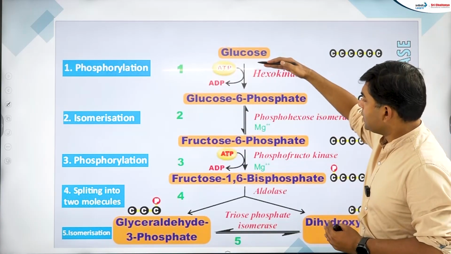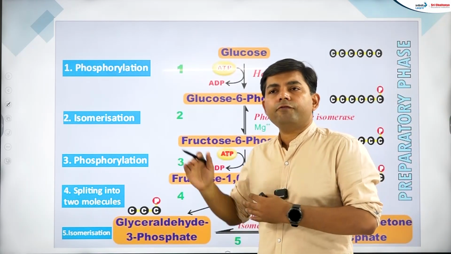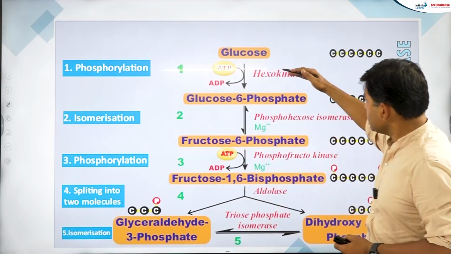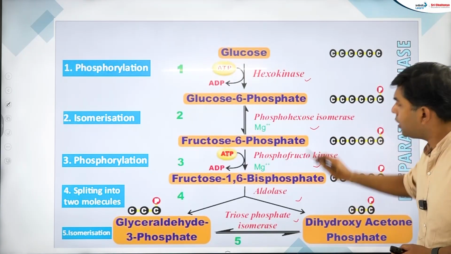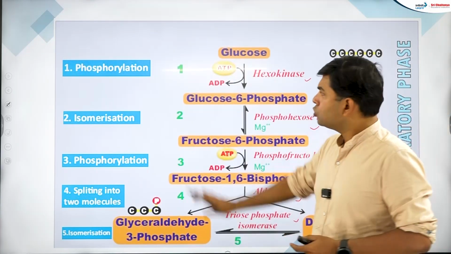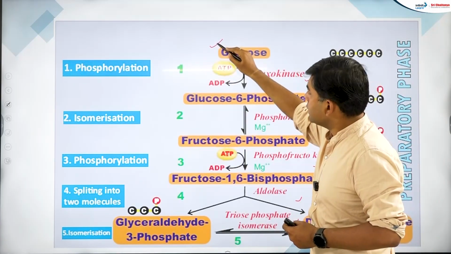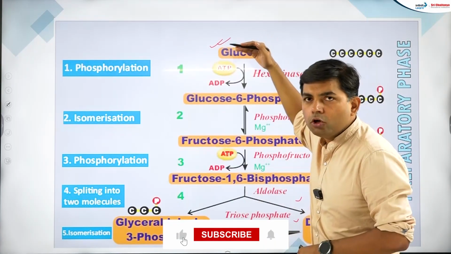Here, as you can see, different enzymes are taking part in different steps of glycolysis. So the first step: let's assume, as it is in most cases, that glycolysis starts with glucose.